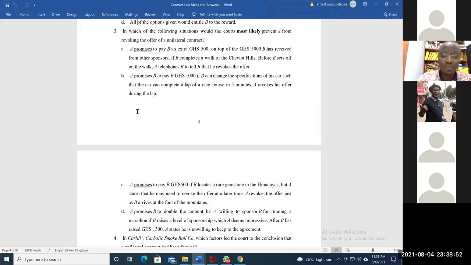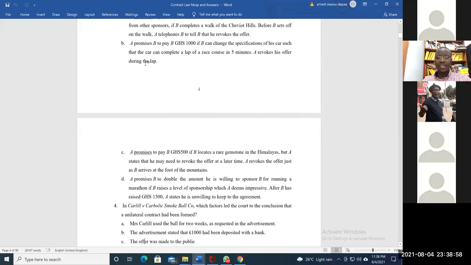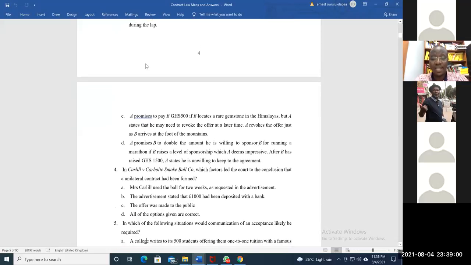C: A promises to pay B 500 Ghana cedis if B locates a rare gemstone in the Himalayas, but A states that he may need to revoke the offer at a later time. A revokes the offer just as B arrives at the foot of the mountains.